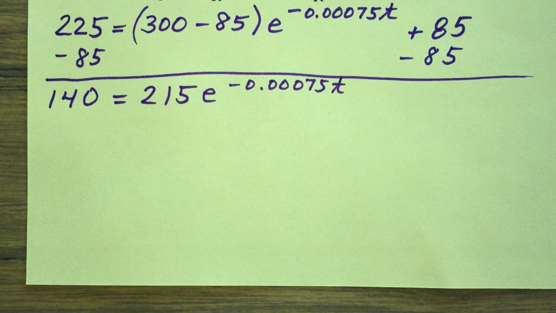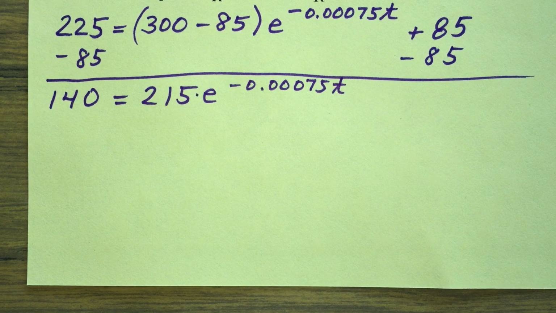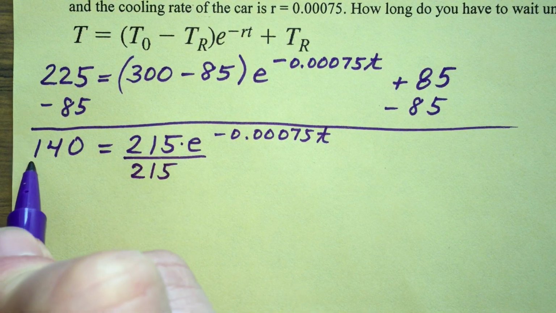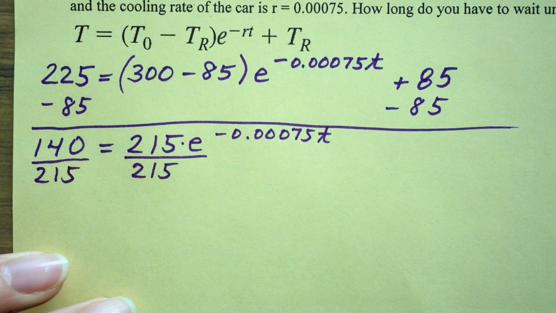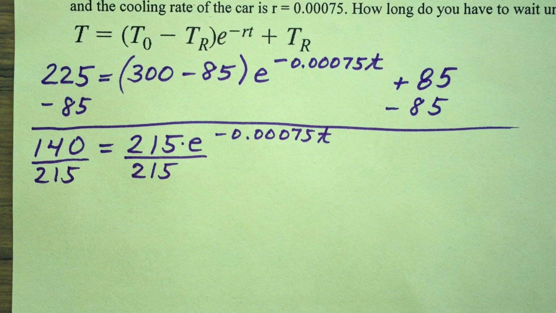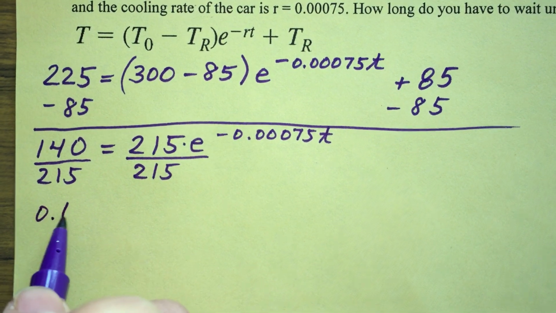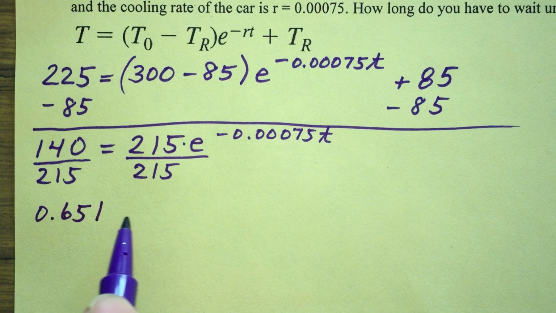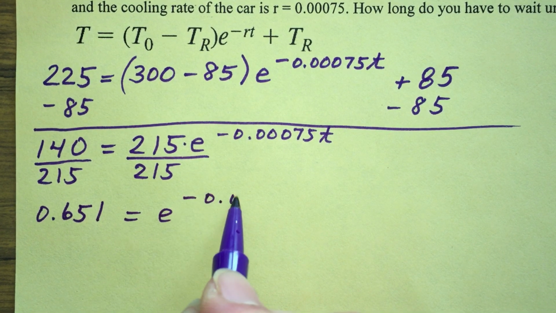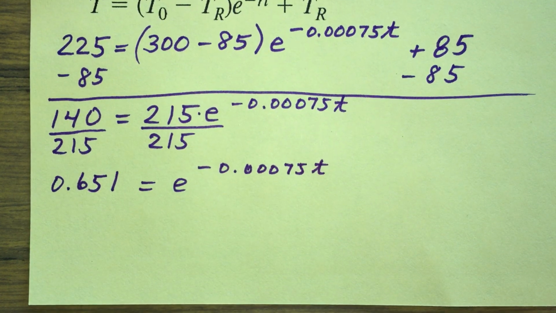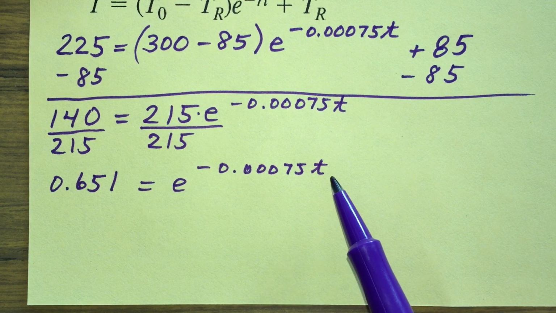Now to undo the 215, it's being multiplied, so we're going to divide each side by 215. 140 divided by 215 is 0.651, and that equals e to the negative 0.00075 t. We have the e isolated, so at this time we want to rewrite it to be able to get t out of the exponent.